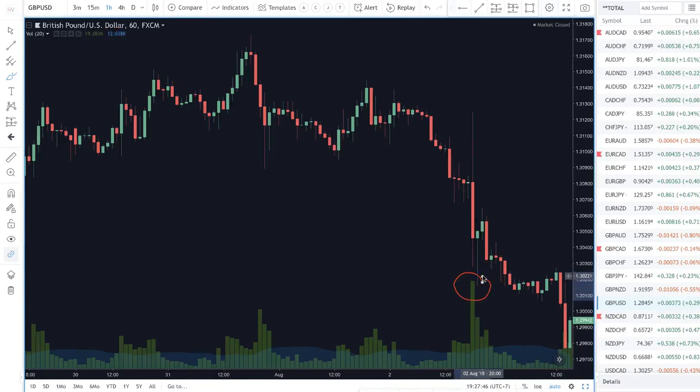When I say large, it means it's well above your average blue MA, and above everything that you can see on your screen. These are signs of maybe the large players cashing out.